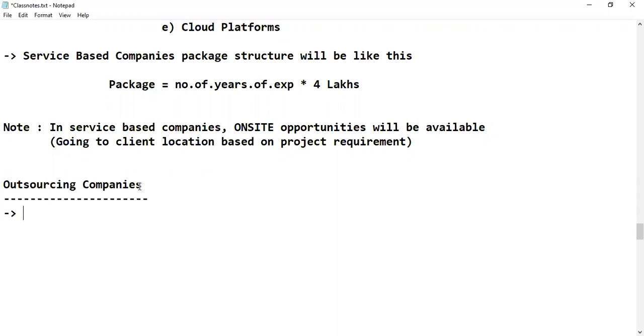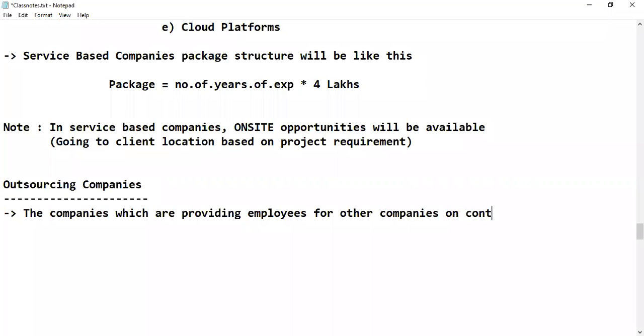The companies which are providing employees for other companies on a contract basis are called outsourcing companies.